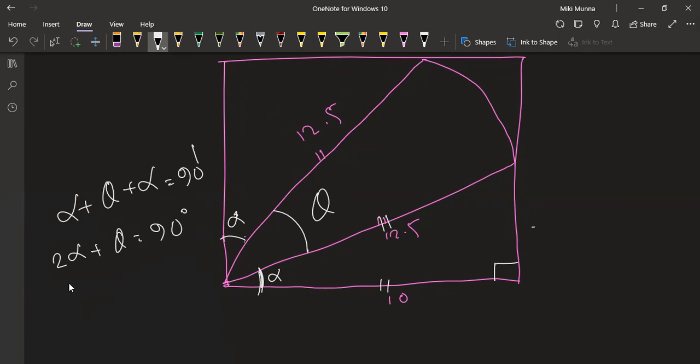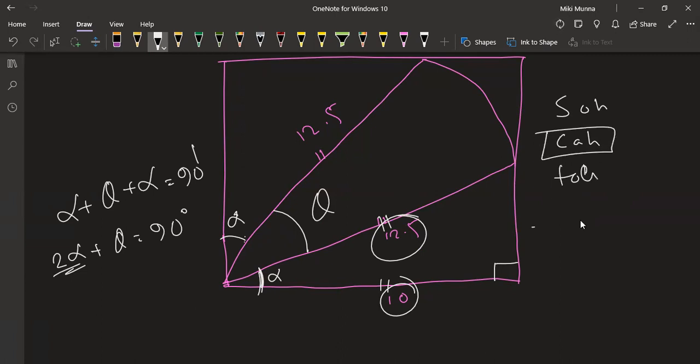Now it is possible for us to find this alpha because we need to find this theta. How do we find alpha in this case? We're using SOHCAHTOA. We have this adjacent side and this hypotenuse. In which of them do we have hypotenuse and adjacent?